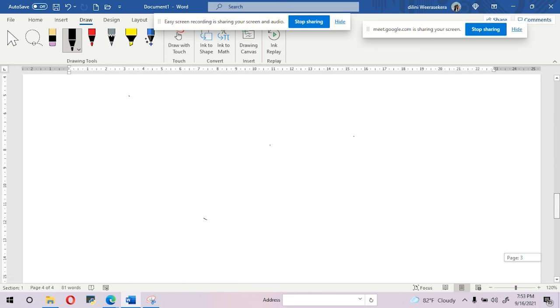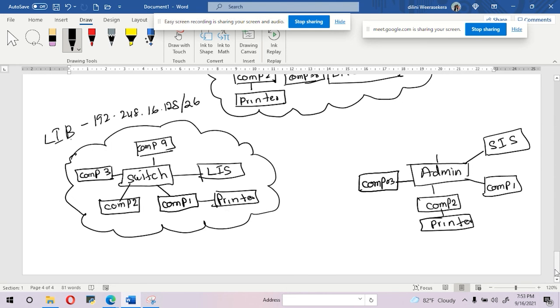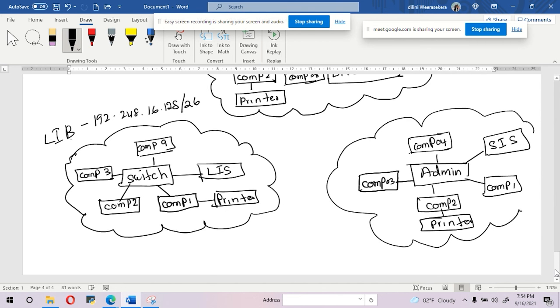Admin has 5 machines. So here we have 1, 2, 3. 5, out of which 1 is gone. That is 4 machines. The fourth machine is the last machine. Computer 4. Okay, so this is also mentioned. We'll draw it like this so that you will see that as a network. This is admin. We draw the IP address 192.248.16. It's starting from 0. Okay, so 26.